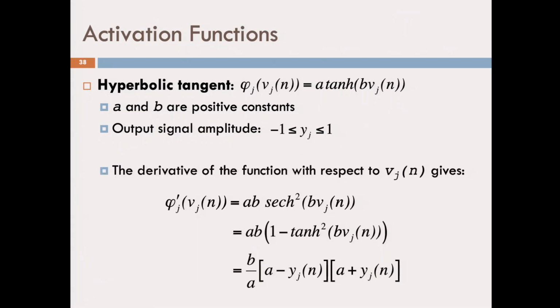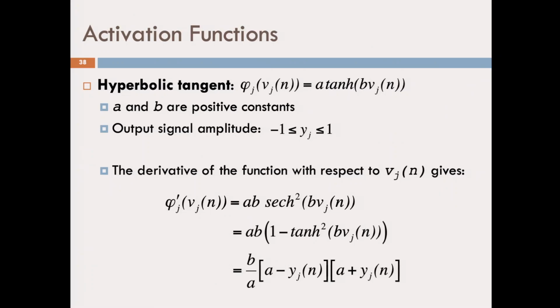So we also know the derivative. The derivative with respect to the argument is given by this. Again, these are constants. What we usually have is 1 minus output multiplied by 1 plus output.